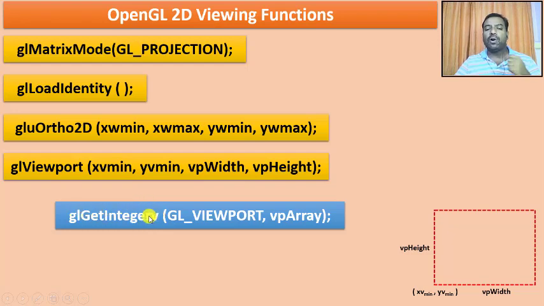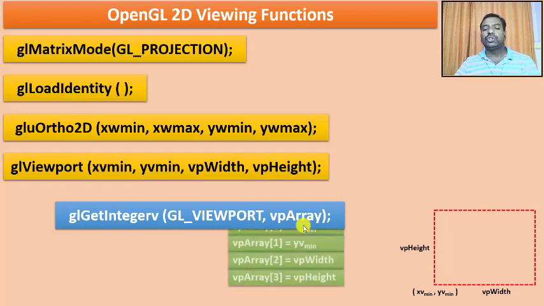Now I want the GL_VIEWPORT, and the first parameter is what information you require. I do require the viewport information, so the first parameter is GL_VIEWPORT, and the output of this function will be stored in a vector or an array. Whatever array you pass, make sure it is a single dimension array of size 4.